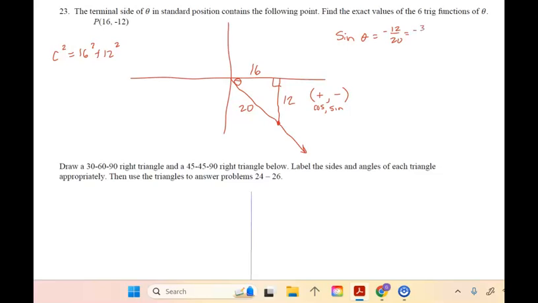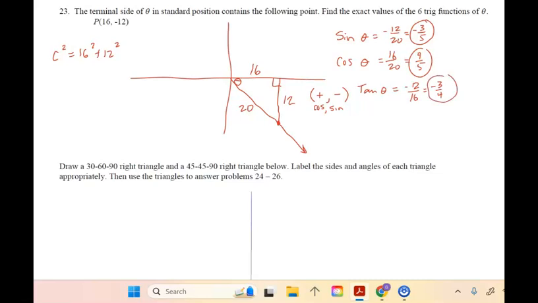So that would be negative 3 over 5. Okay, cosine of theta. Cosine is positive in quadrant 4. That's adjacent over hypotenuse. And reduced, that would be positive 4 over 5. Tangent of theta is opposite over adjacent. And tangent's negative. And I can reduce here, so that would be negative 3/4.